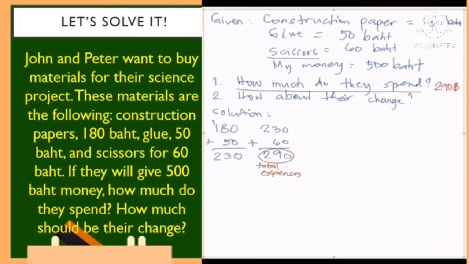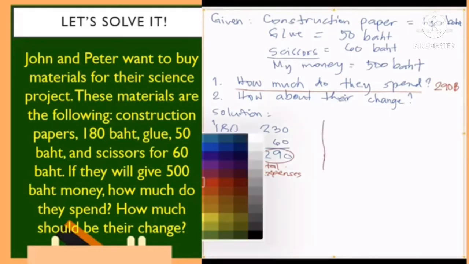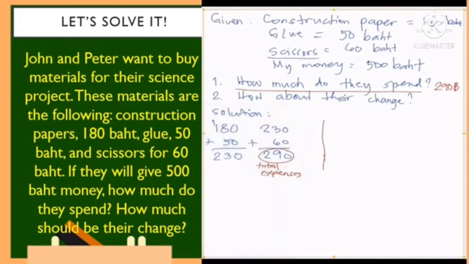Change is one of the clues that we are going to use subtraction. Am I right? Okay, so for the second solution, let us use the subtraction. All right? So we have here, how much money do you have? 500 baht.